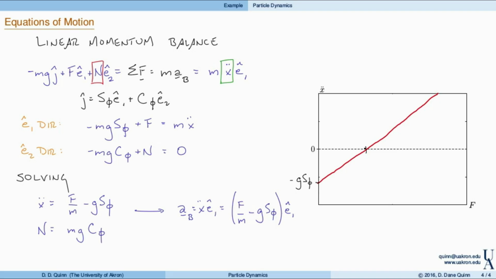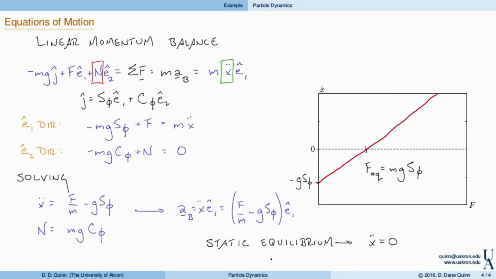Solving for the force at which the acceleration vanishes gives me F_EQ, and EQ here is for equilibrium, because when there's no acceleration, the system is in static equilibrium. So really, we have just solved for the static problem as a special case of our dynamic equations, because static equilibrium implies that x double dot is equal to 0.